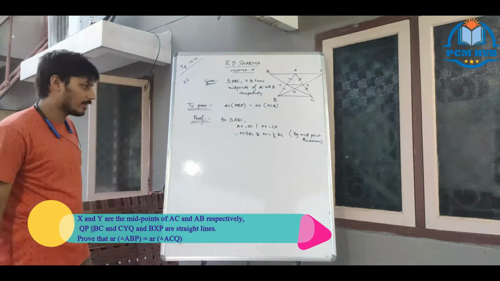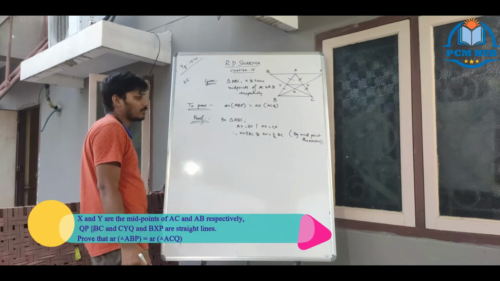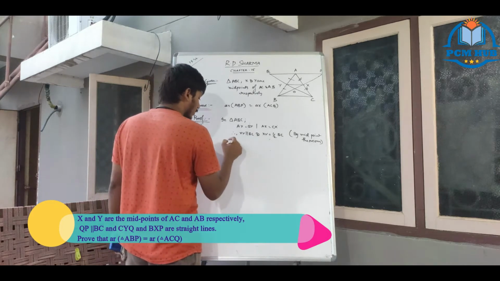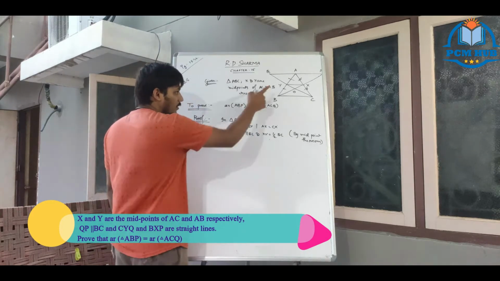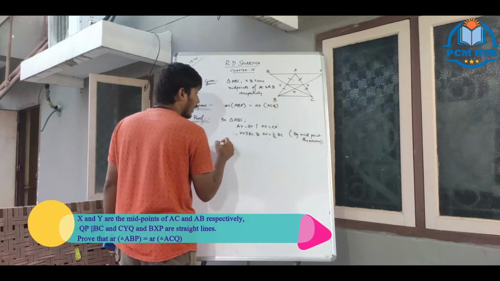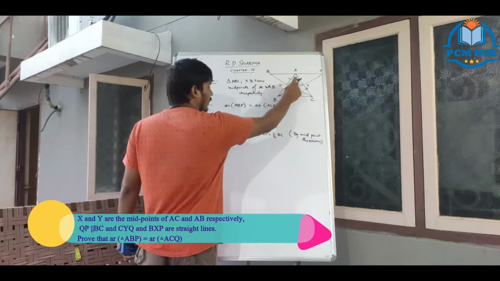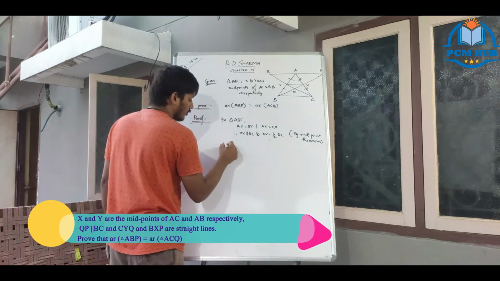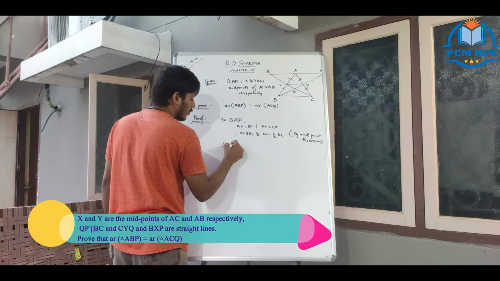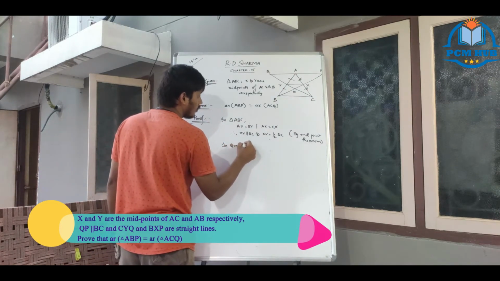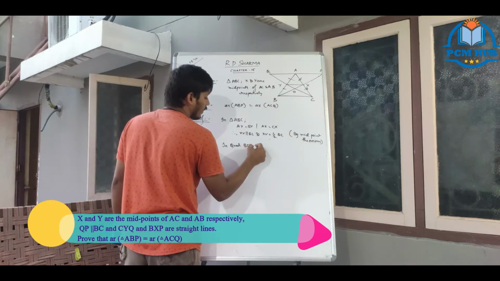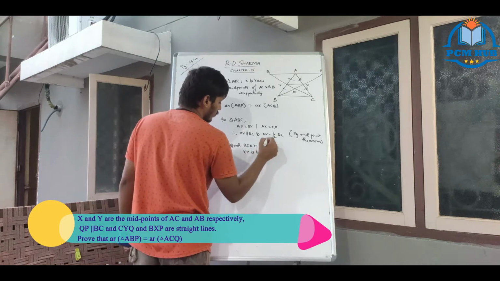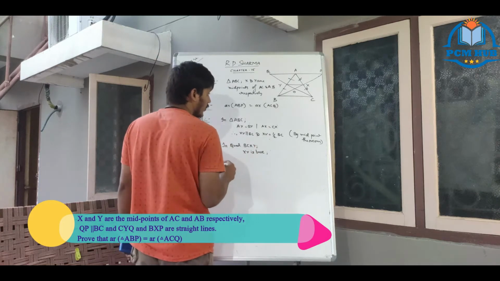Next, what is the second thing you can say? XY is parallel to BC. You can take these two triangles, BYX and XYC. In quadrilateral BCXY, XY is the base.